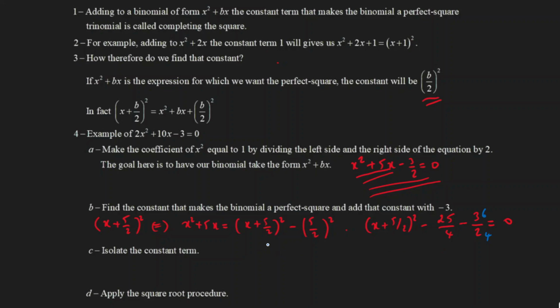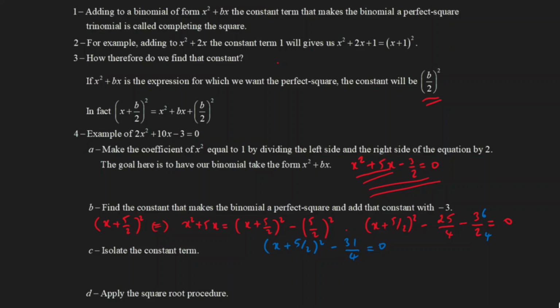So all calculations done, we get x plus 5 divided by 2 squared minus 31 divided by 4 equal to 0. At this point, we have simplified the problem so much.